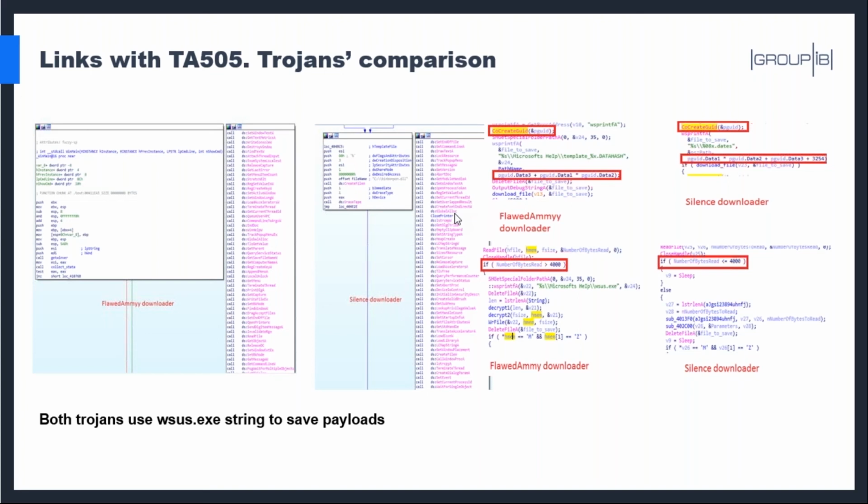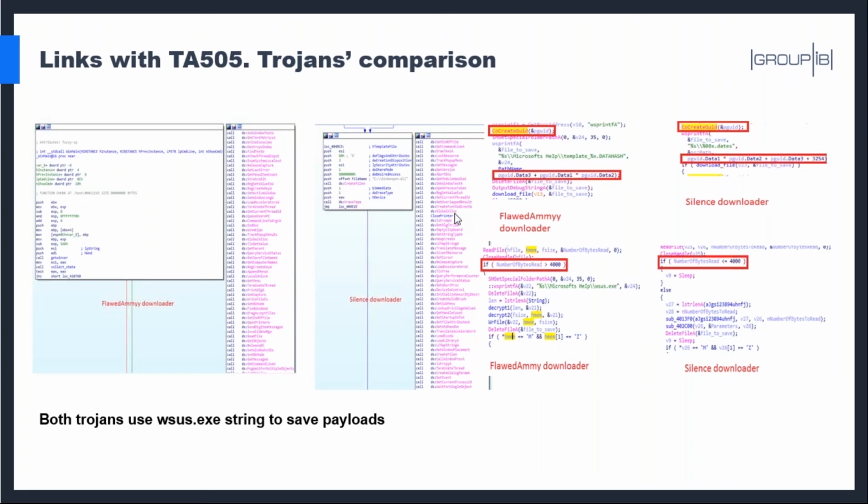Also, both of them try to get 4,000 bytes from the CNC answer and save it. If they receive less than 4,000 bytes, they just skip this communication and don't save or execute the next stage.